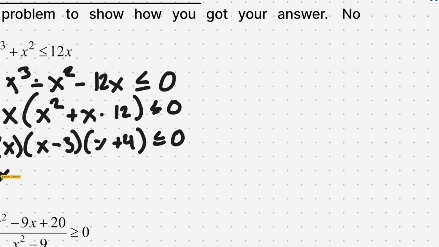Okay, so I've discovered my boundary points here. Each of these 3 factors, when you set it equal to 0, gives you a boundary point. So I've got 0, got 3, got -4. A common mistake with a problem like this is to say, first thing I'm going to do is divide everything by x.